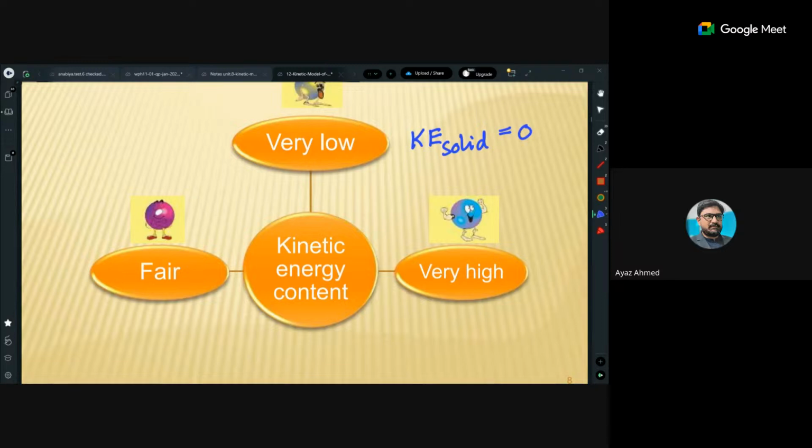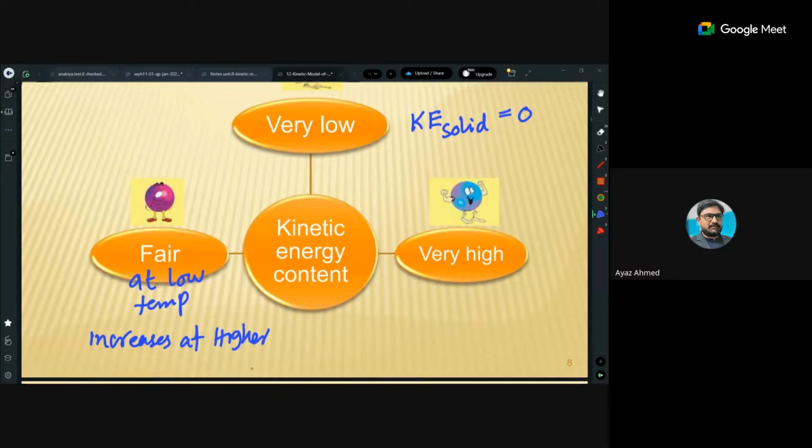The kinetic energy of the molecules of liquids is fair at low temperature. But when you increase the temperature, it increases, right? It increases at higher temperature. Got it?